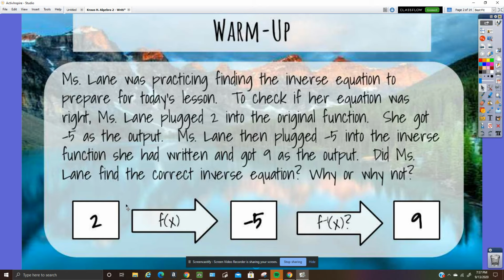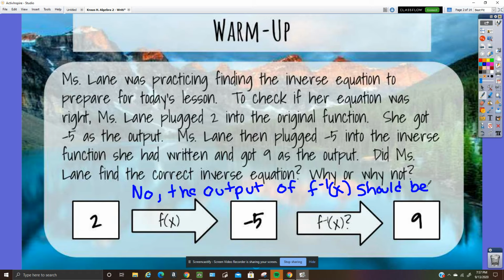So the answer here is no. The output of the inverse function, f inverse of x, should be 2.